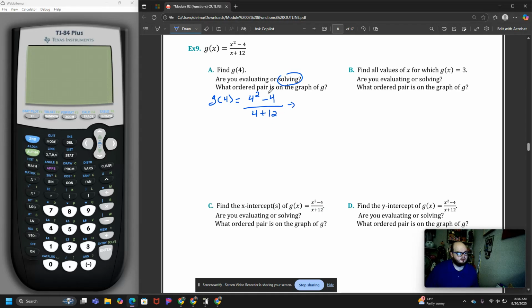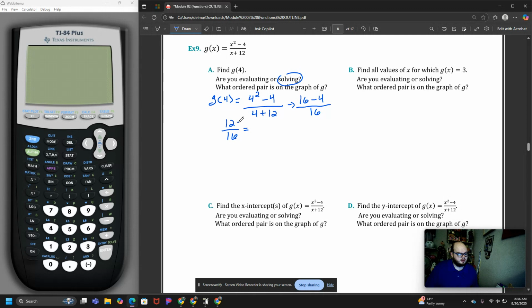Okay. 4 squared is what? 4 times 4. 4 times 4 is what? 16. 16 minus 4. 4 plus 12 is 16. 16 minus 4 is 12. 12 over 16.